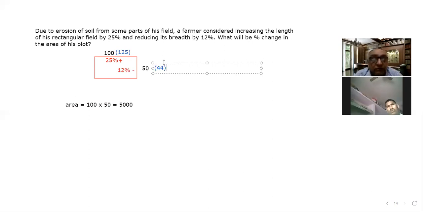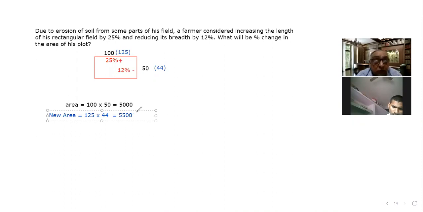So the new area would become equal to 125 into 44, which is equal to 5,500. This is the new area.